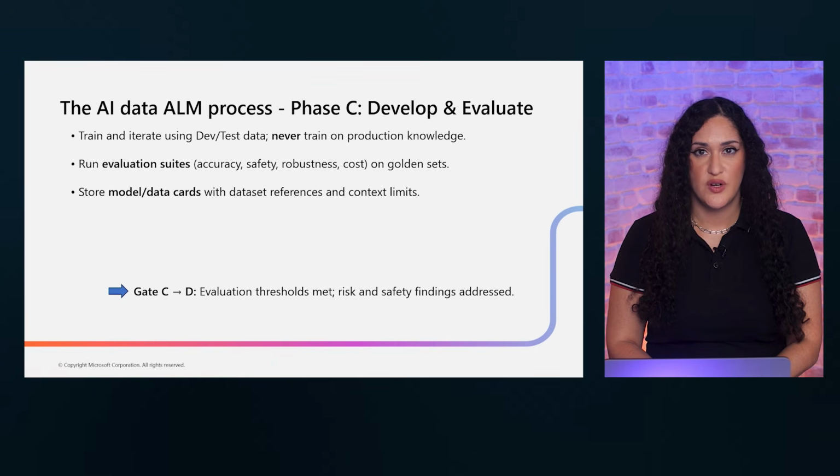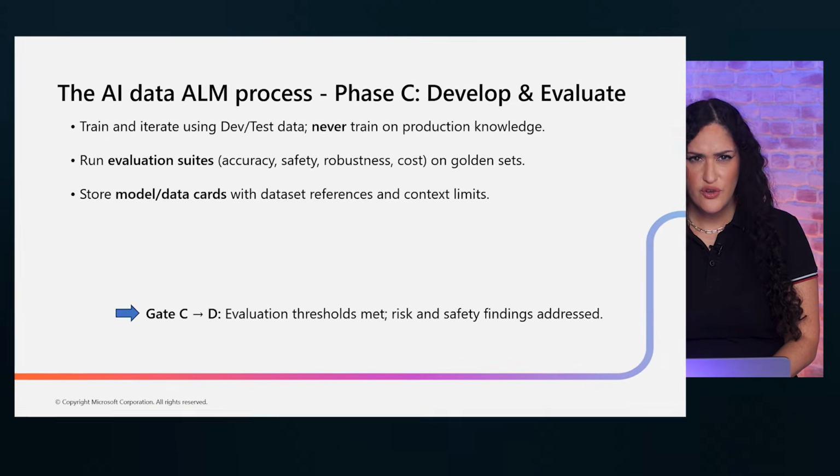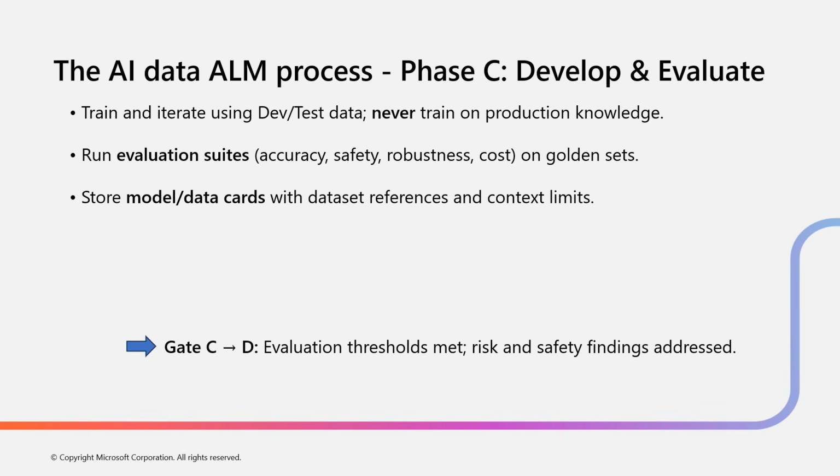Phase C is where development and evaluation happen. Train and iterate using dev and test data. But here is a critical rule: never train on production knowledge. That would compromise the integrity of your evaluation. Run evaluation suites on golden datasets covering accuracy, safety, robustness, and cost.